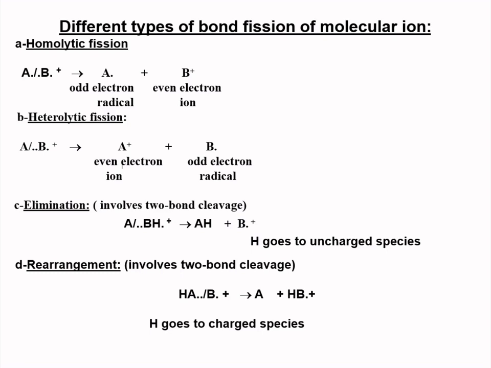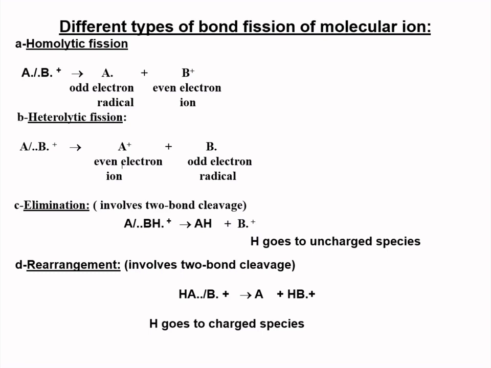Bond cleavage of the molecular ion can be one bond or two bond, and can be homolytic or heterolytic fission. Homolytic fission of one bond produces a radical and an even electron ion. The same for heterolytic fission, which also produces an even electron ion and a radical.